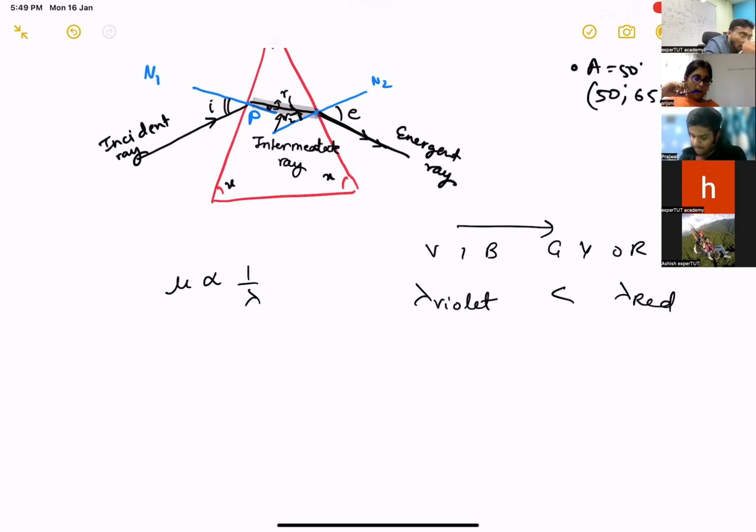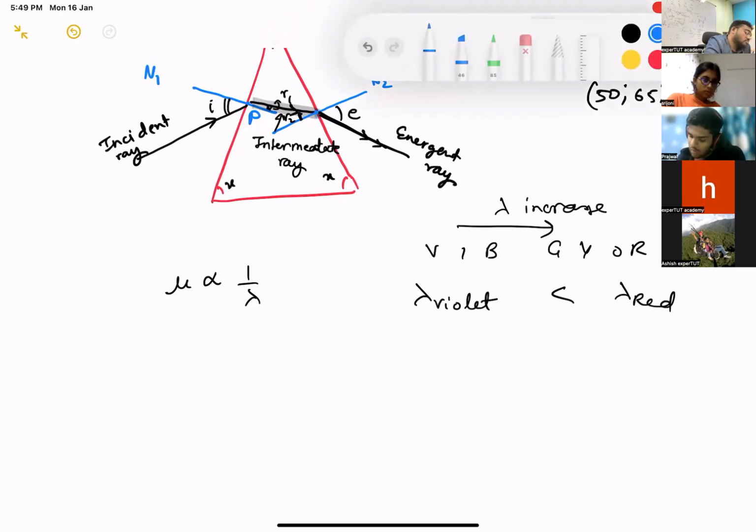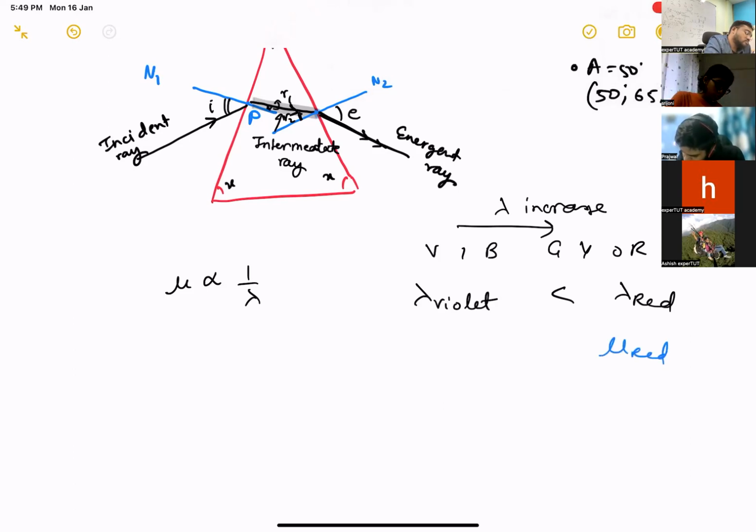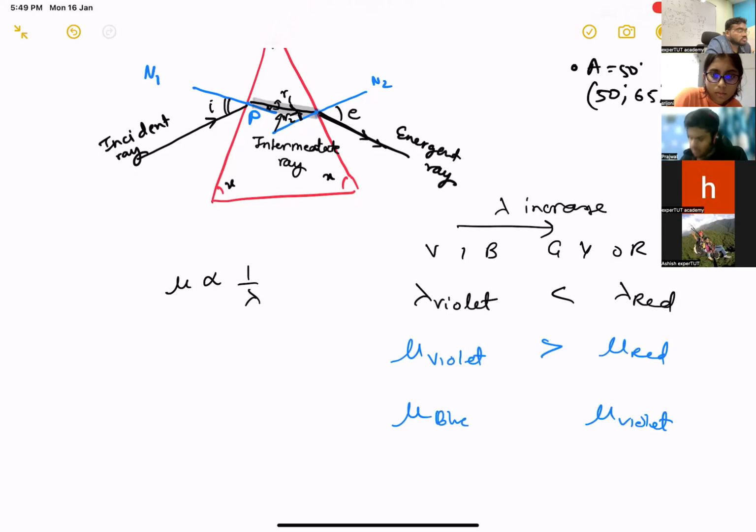So lambda is inversely proportional to mu. That means mu of violet will be higher than mu of red. Write this. Mu of violet will be higher. Between mu of blue and mu of violet, which is more? Look carefully.